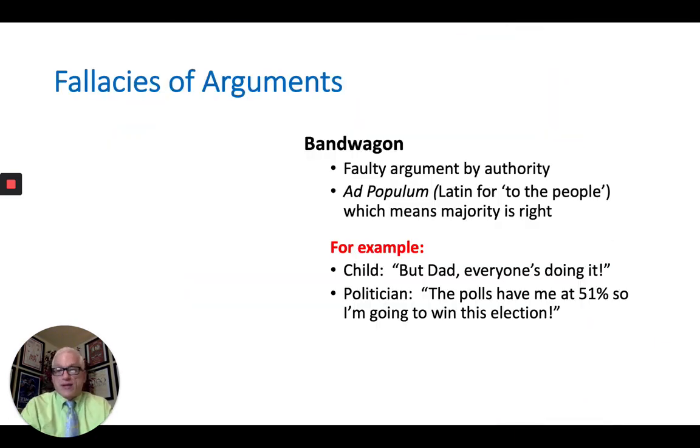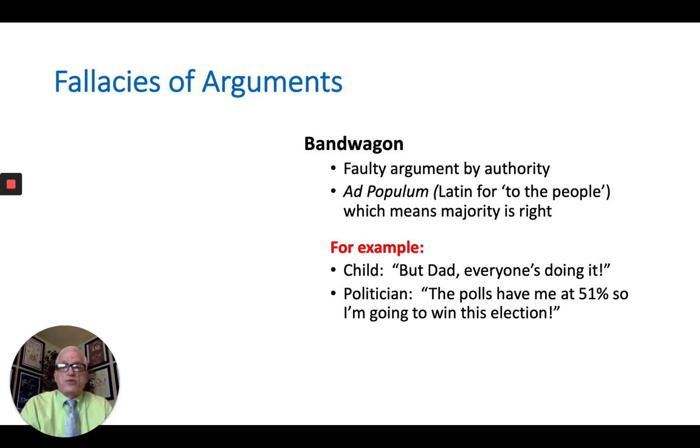Next is the bandwagon. This is a fallacy in which we say that the more people who are for something, the more accurate and true it must be. It's a faulty argument by authority. We decide that the more people like something, that must be the authority. The Latin version of this is ad populum, which is Latin for to the people, which means the majority is always right.